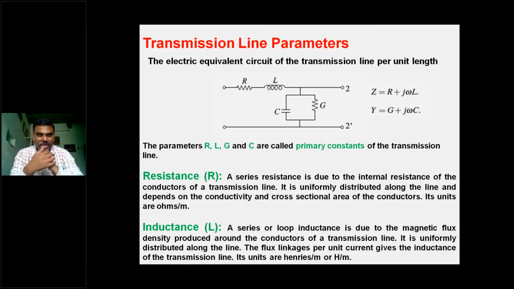The series impedance R plus j omega L is indicated by Z, and the parallel admittance Y is G plus j omega C. For lossless media, that means there are no losses, the G value is 0 and the R value is 0. That means if both the series resistance and shunt admittance are 0, we can say it is lossless.